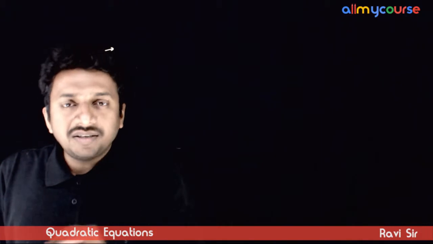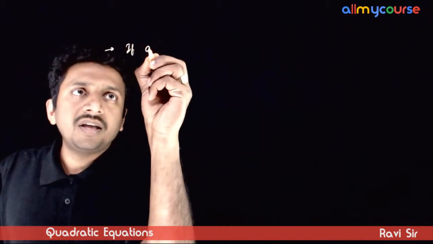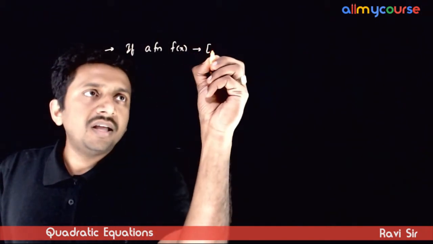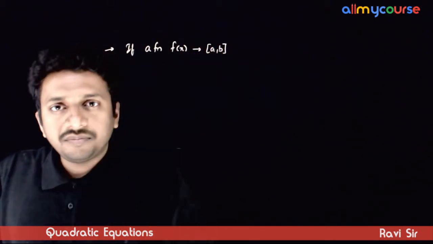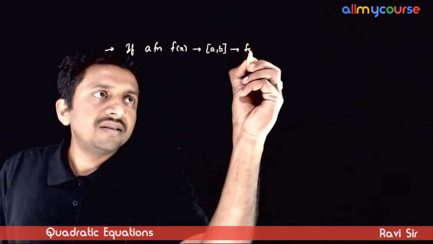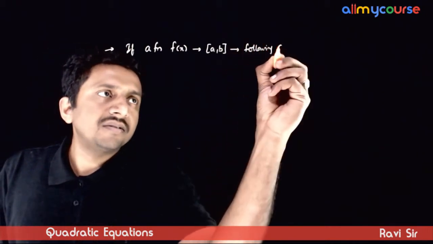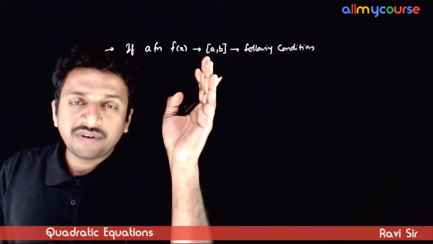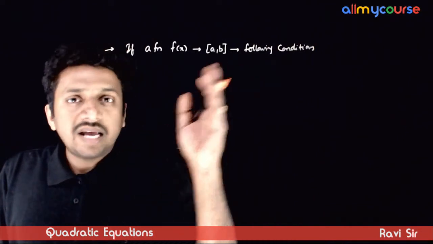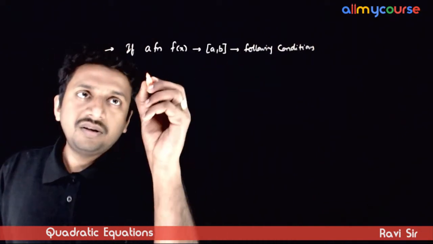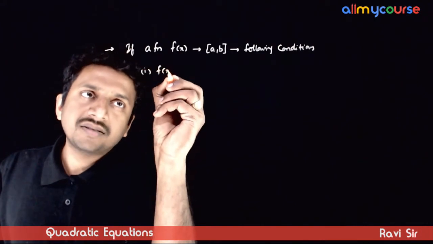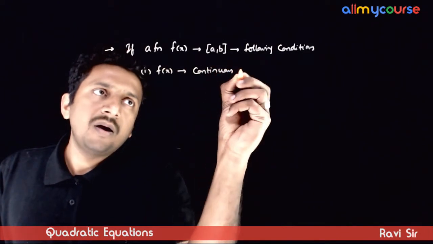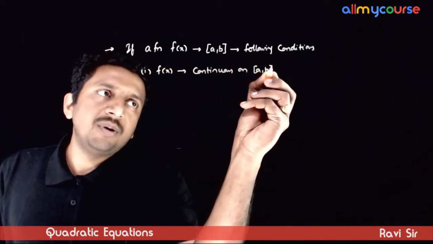Rolle's theorem states that if a function f of x defined on closed [a, b] satisfies the following conditions: f of x has to be continuous on closed [a, b].